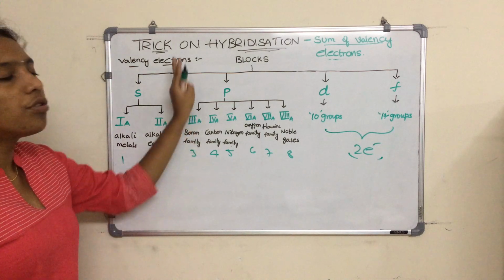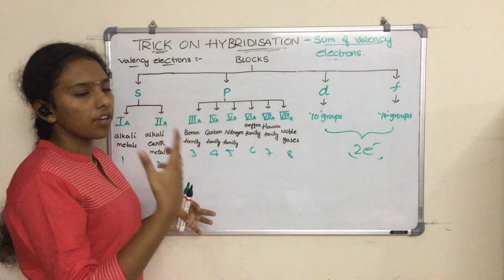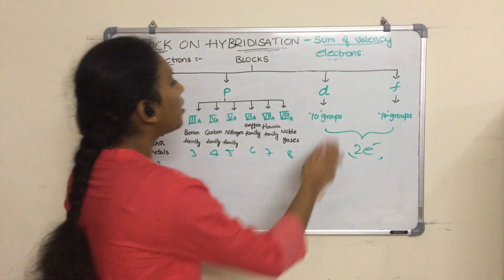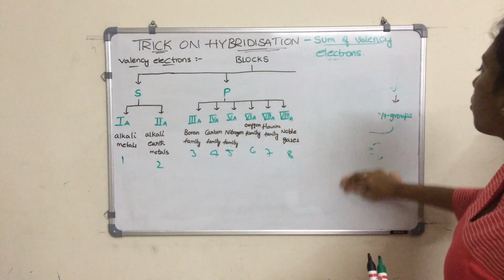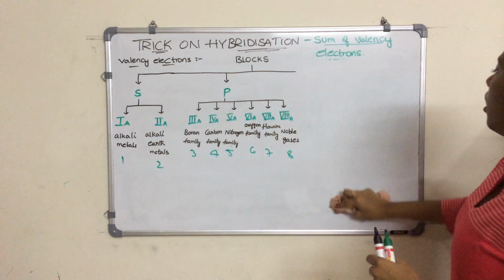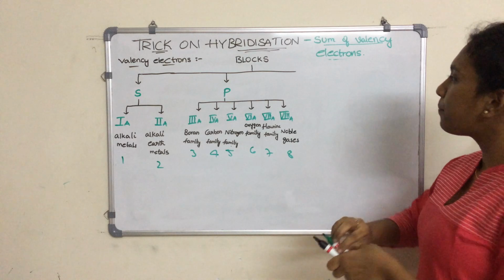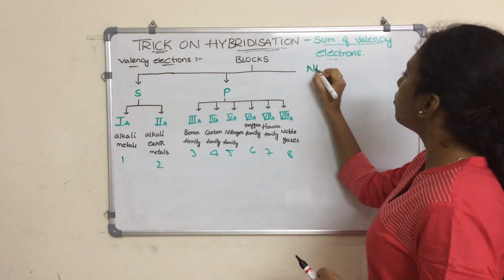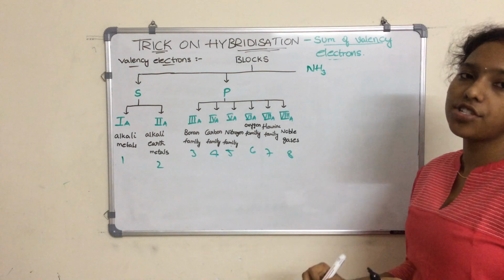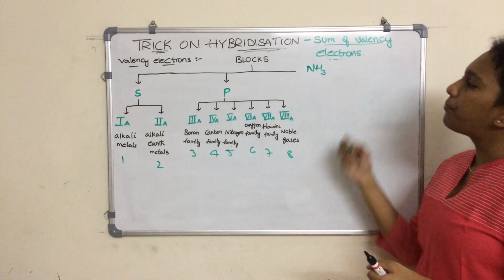Now let's see how to use the trick. By knowing this trick you can do your sums very easily. Let me do this by taking the hybridization of NH3.